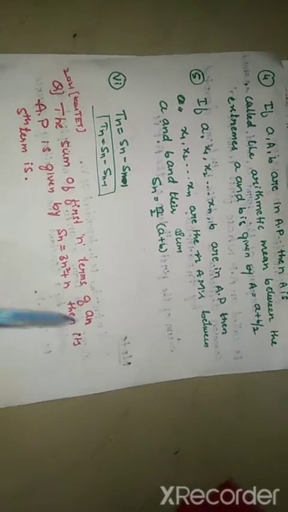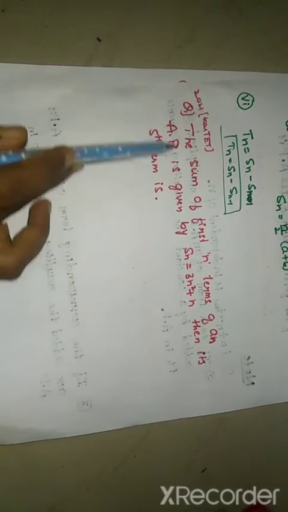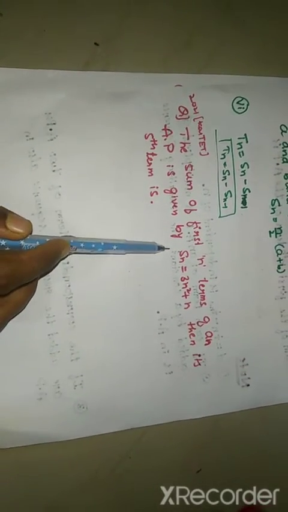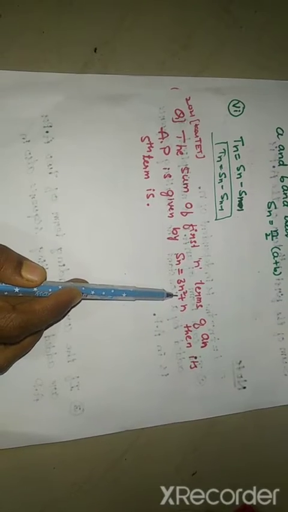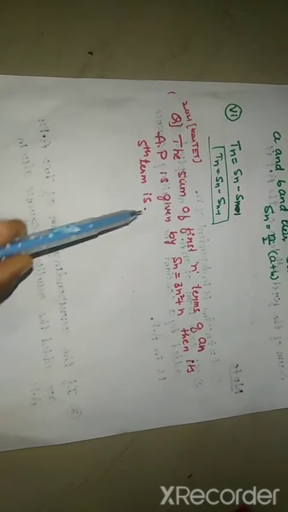If you know these points, you can solve problems easily. The first problem was asked in 2021 Karnataka TET. The sum of the first n terms of an AP is given by Sn equals 3n square plus n, then its nth term is.